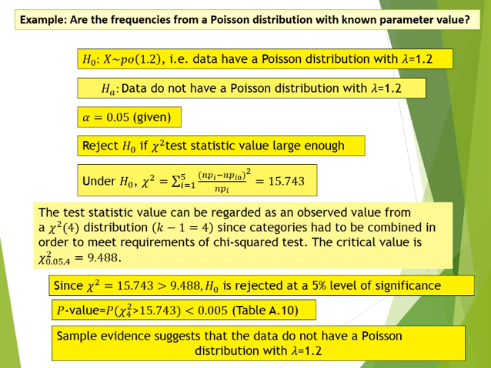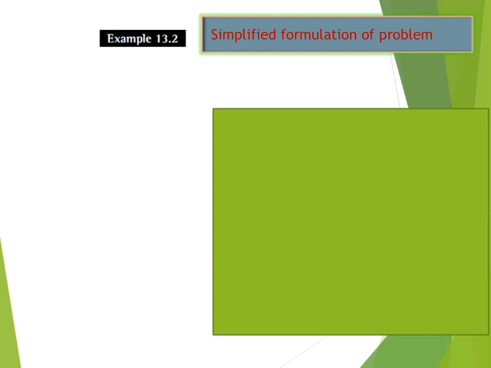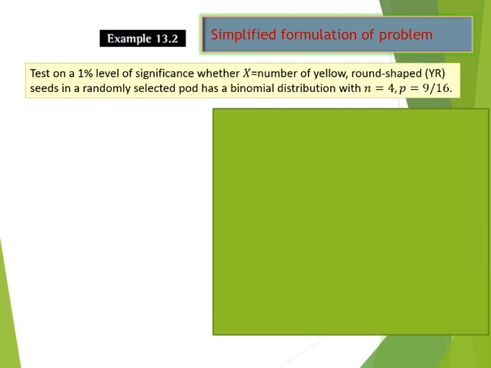The next example is example 13.2. I've simplified the formulation of the problem. Simplified, it means: test on a 1% level of significance whether x, the number of yellow round-shaped seeds in a randomly selected pot, has a binomial distribution with n equal to 4 and p equal to 9/16.